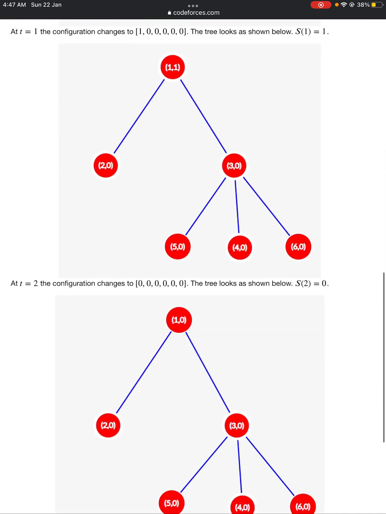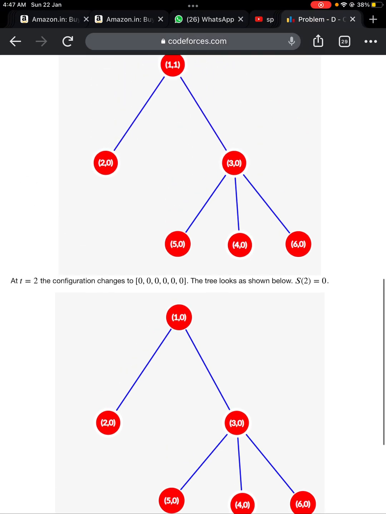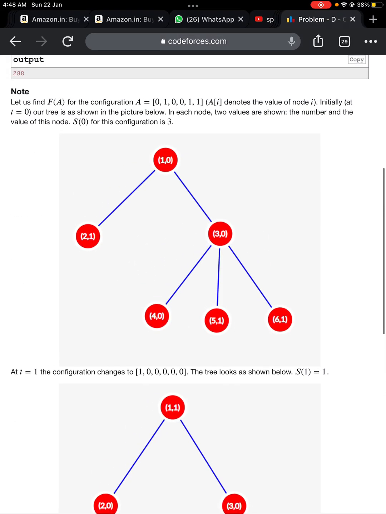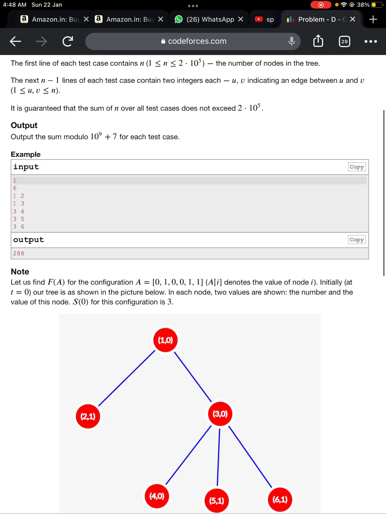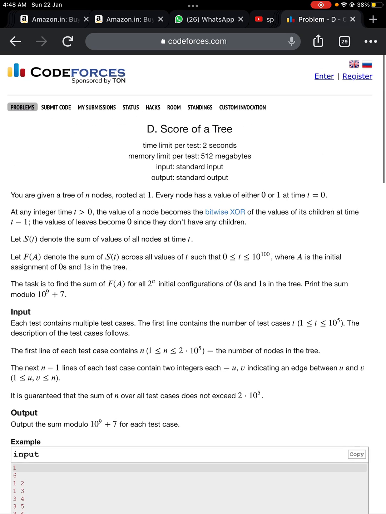At t equal to 2, the nodes which are the parents of these leaves become 0, because at t equal to 1 all values of their children are 0, so at t equal to 2 their bitwise OR will also be 0. And eventually around t equal to the height of the tree, all of the tree becomes 0. So s_t would also be 0 for every t after that.